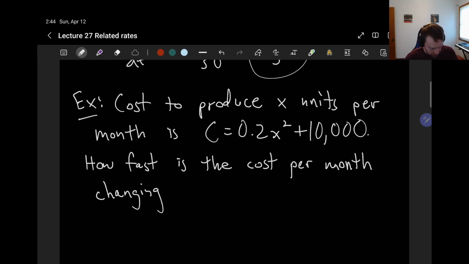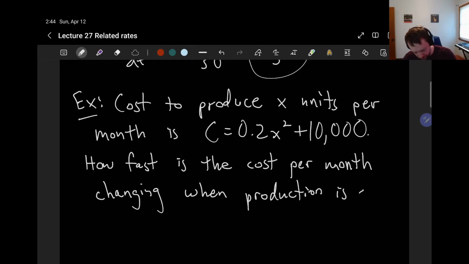So how fast is the cost per month changing when production is changing at a rate of 11 units per month?